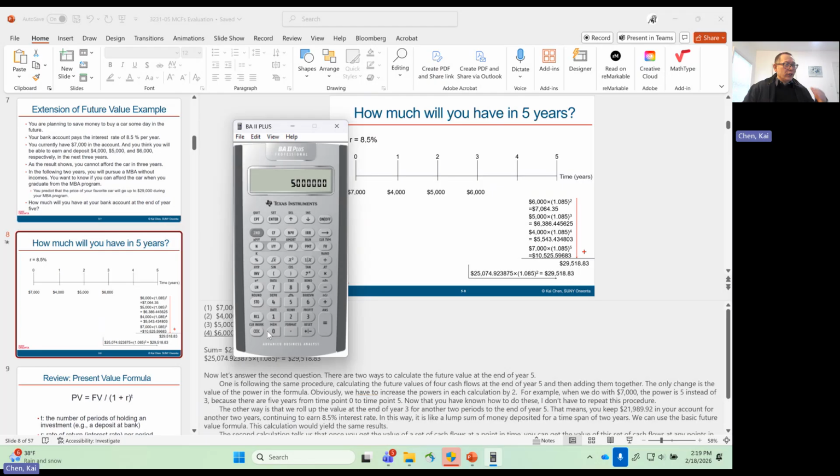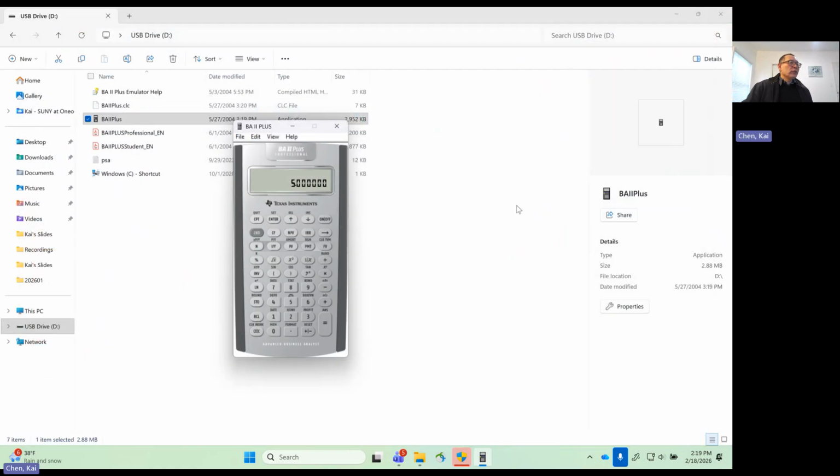So for intermediate results, always use store and recall to save and retrieve the number. That is how to calculate the future value of multiple cash flows. We're going to continue to discuss how to calculate the present value of multiple cash flows.